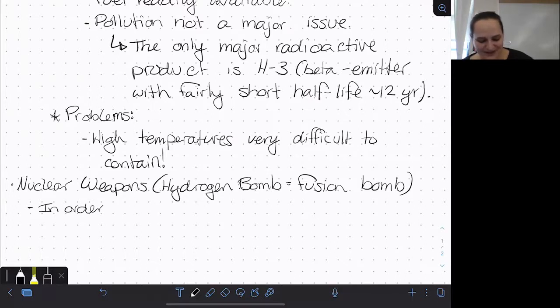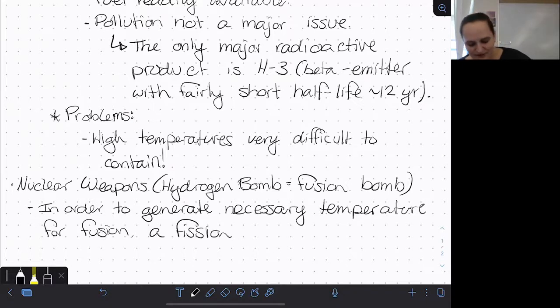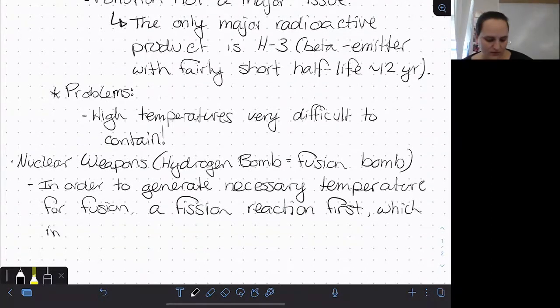So in order to generate the necessary temperature for fusion, a fission reaction occurs first, which initiates fusion.